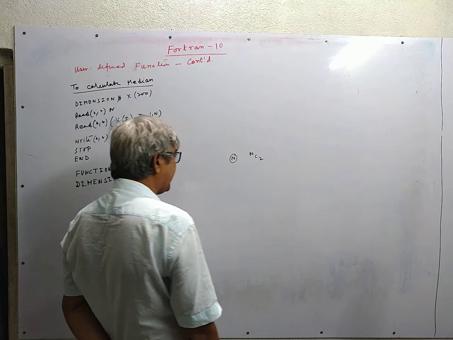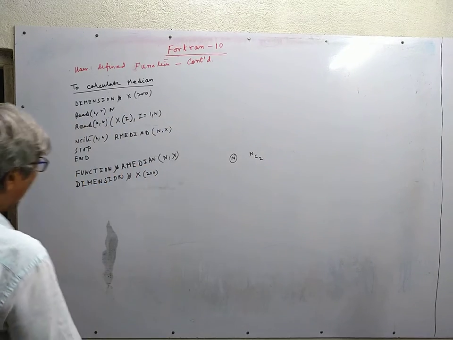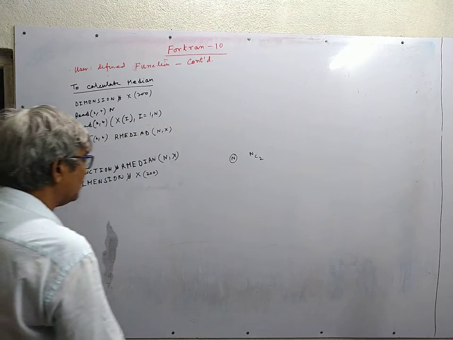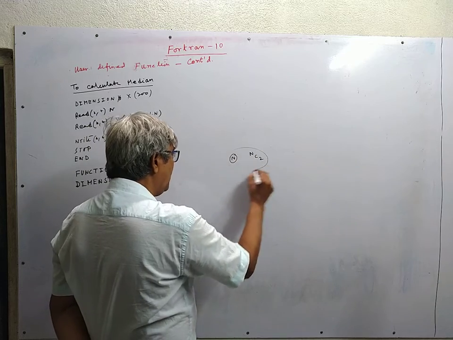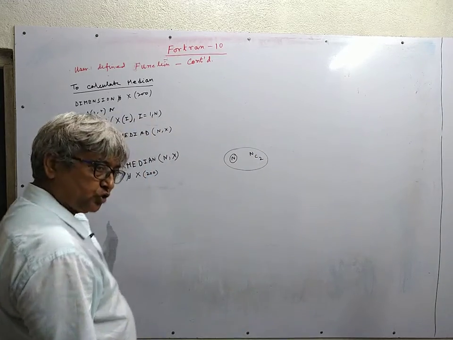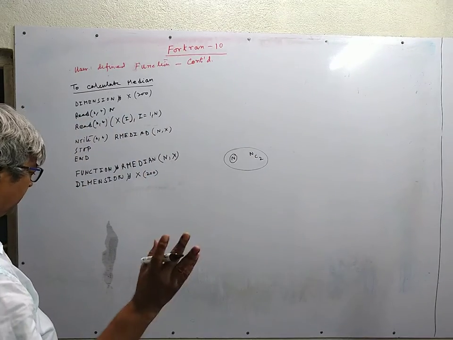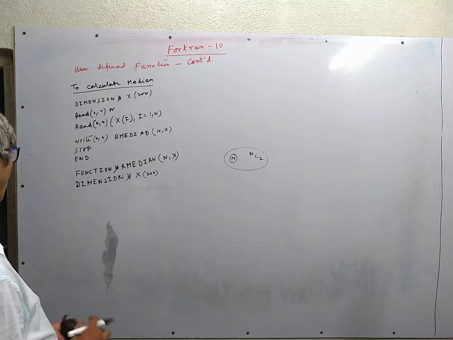We are to make a comparison with nC2 pairs. How to create these nC2 pairs we have learned in our discussion with do loops.